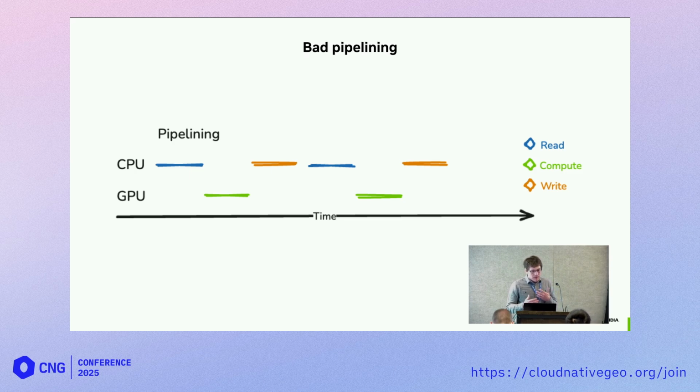This applies as well if you have a multi-core CPU, but it applies even more so when you have a GPU: the ability to take a big problem, break it down into smaller units of work, and then do that work in parallel. So in this case, we have read in blue, where we do the reading on the CPU, hand that off to the GPU to do the computation. It's nice and fast, it's GPU accelerated, we're great. And then we hand that result back to the CPU to store it somewhere.